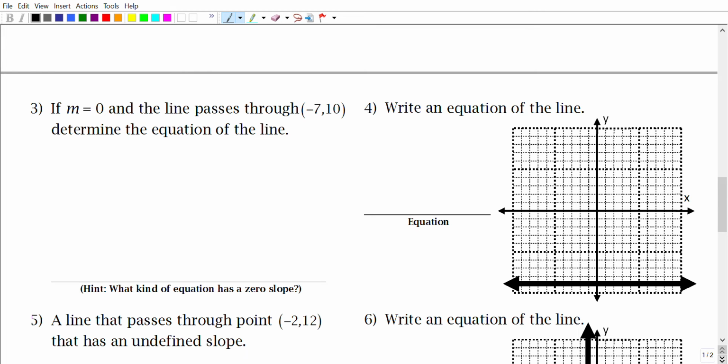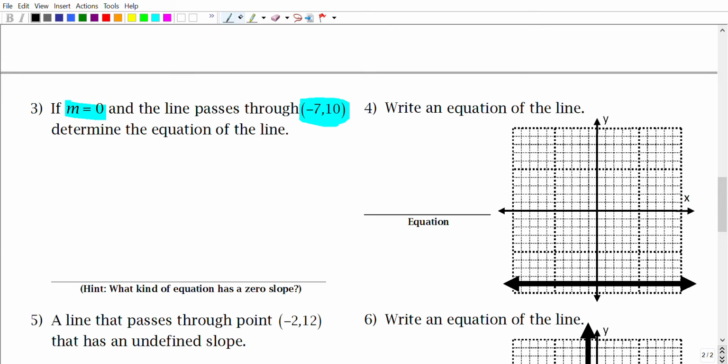So it says, if m equals 0 and the line passes through -7, 10, determine the equation of the line. So m equals 0 and it passes through this point. Well, m equals what? Well, in other words, m stands for what? M stands for slope.